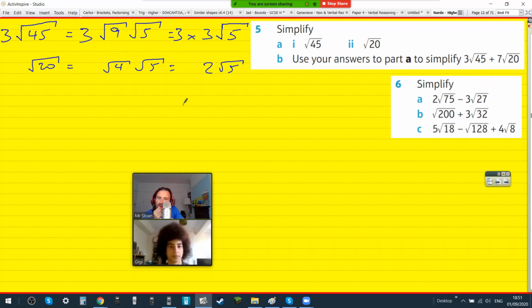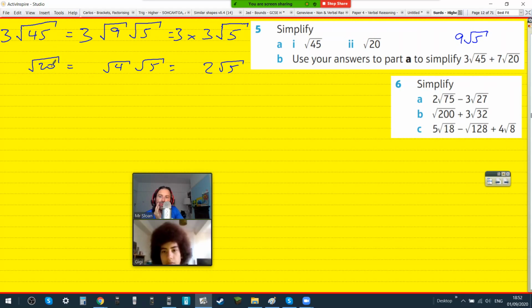I'm not sure. It would be 3 times 3 root 5. So 3 times 3 root 5 plus... Just what is 3 times 3 root 5? Oh, it'd be 9 root 5. So that is 9 root 5.